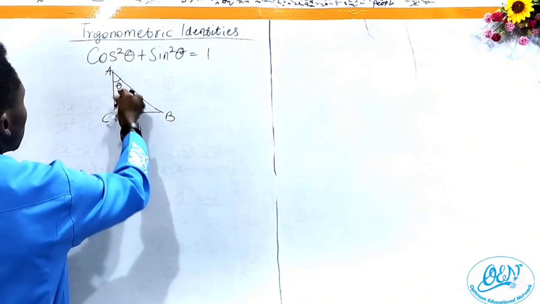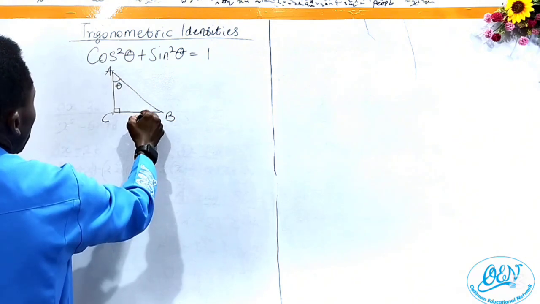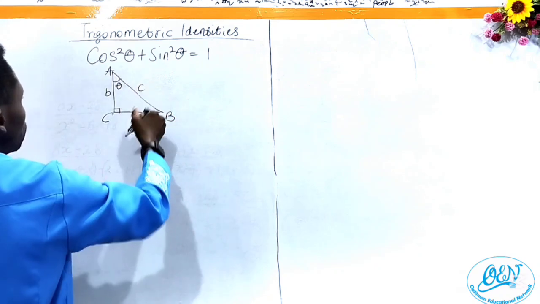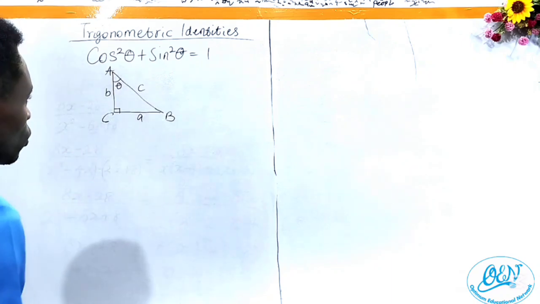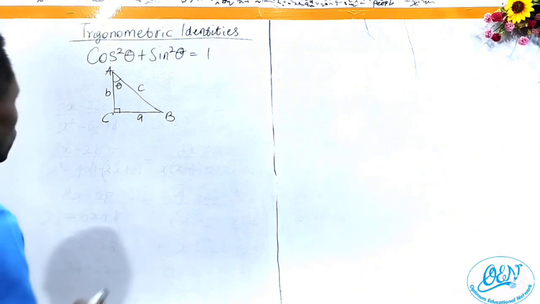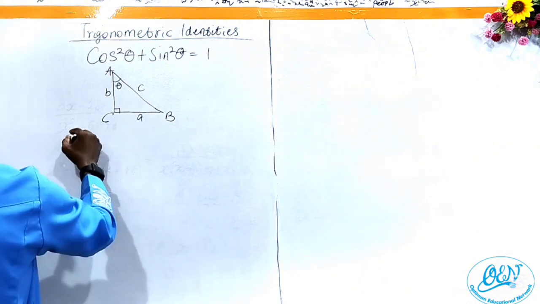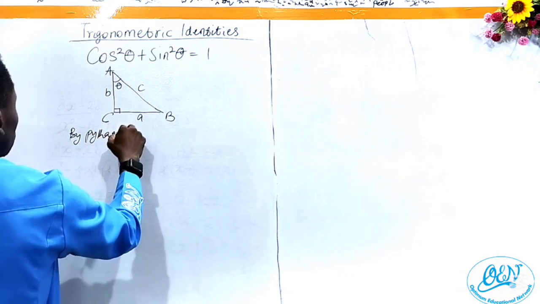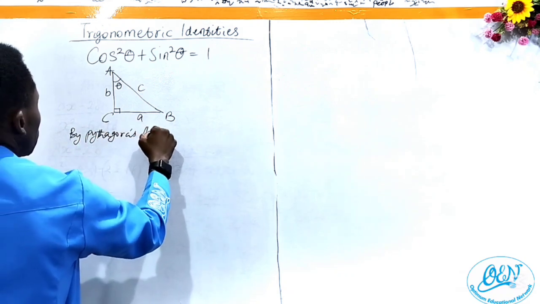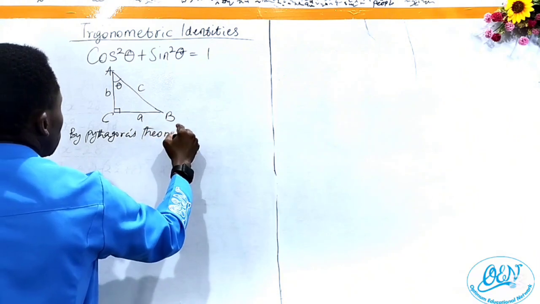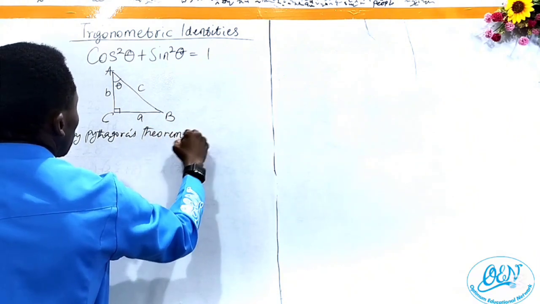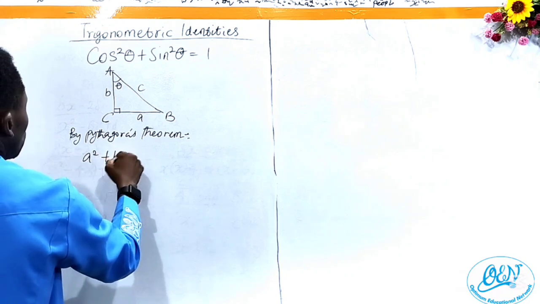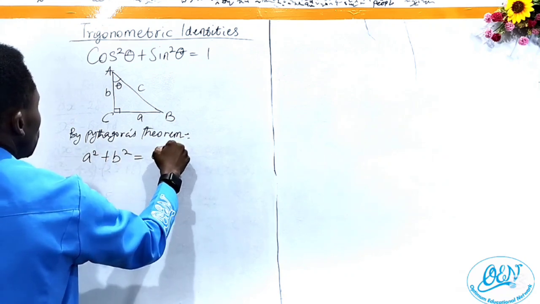So, what this means is that this is the side opposite, so here will be A, this side opposite is B, here will be B, and this is our C, which is the hypotenuse. So, going by Pythagoras theorem, we'll have A squared plus B squared is equal to C squared.